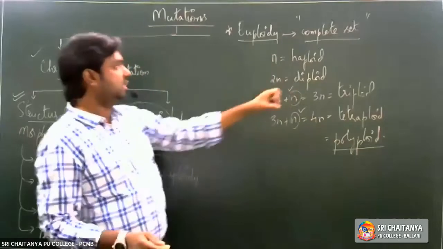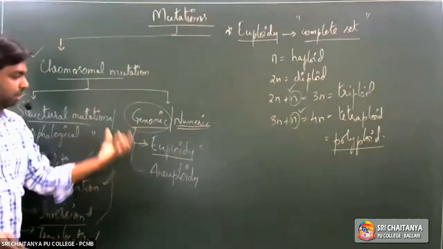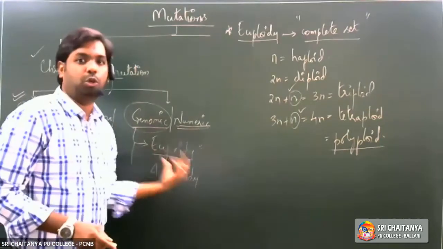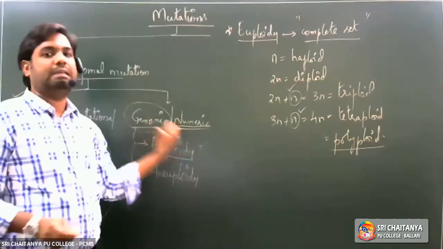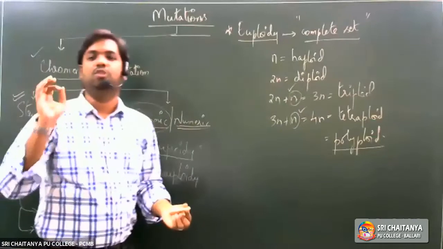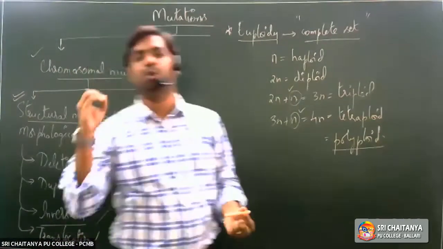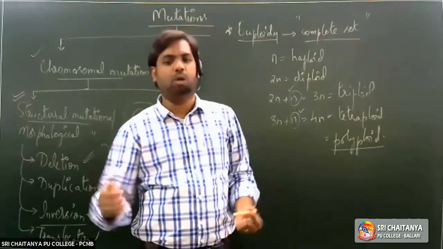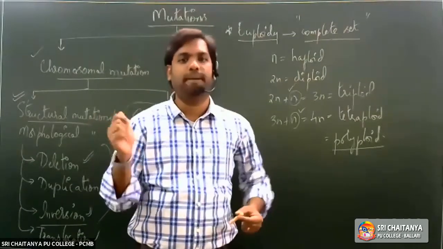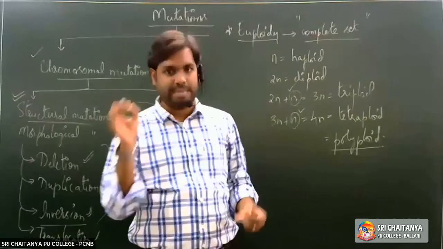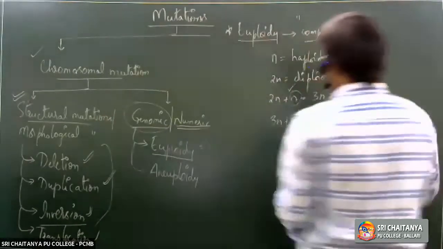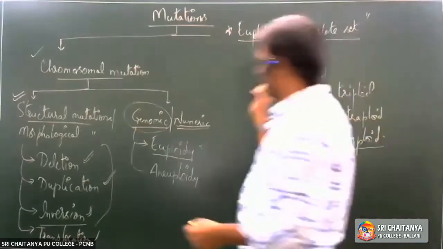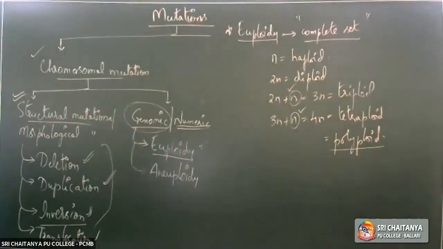So this is the first type of genomic or numeric mutation, called euploidy. What exactly is happening in euploidy? There is a change in the chromosome number by one complete set. You know this, right?